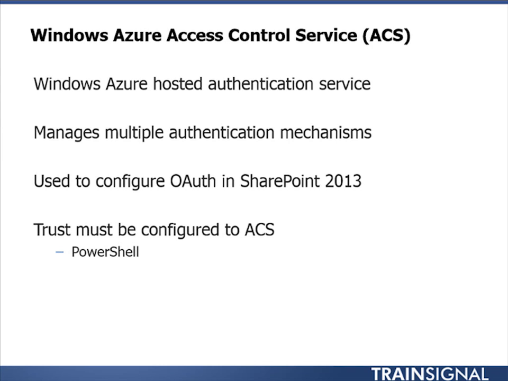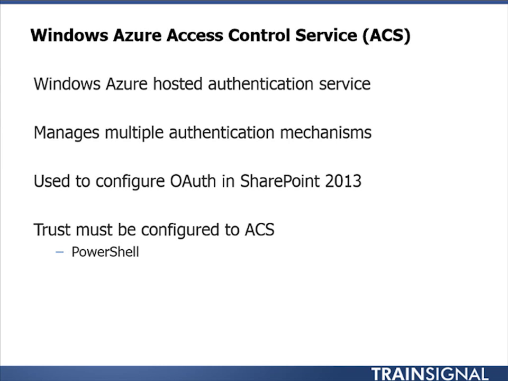Now, what's very nice about ACS is that I can go into ACS, implement this, and choose from one of multiple different providers. In addition, I can actually just go in, configure SharePoint basically once, and then go back to ACS and add and remove different authentication mechanisms.